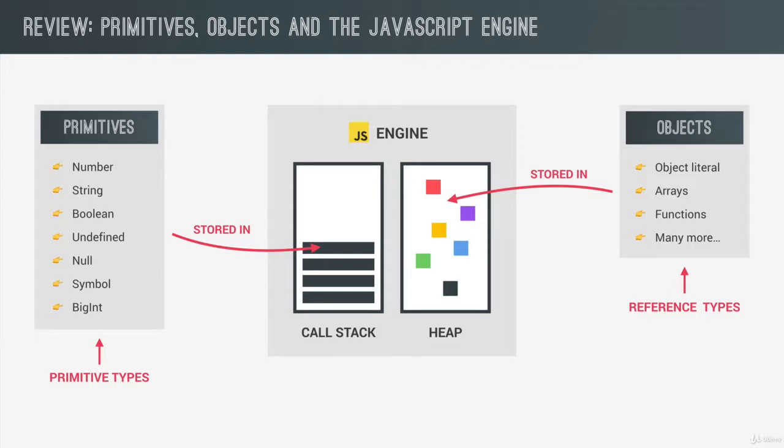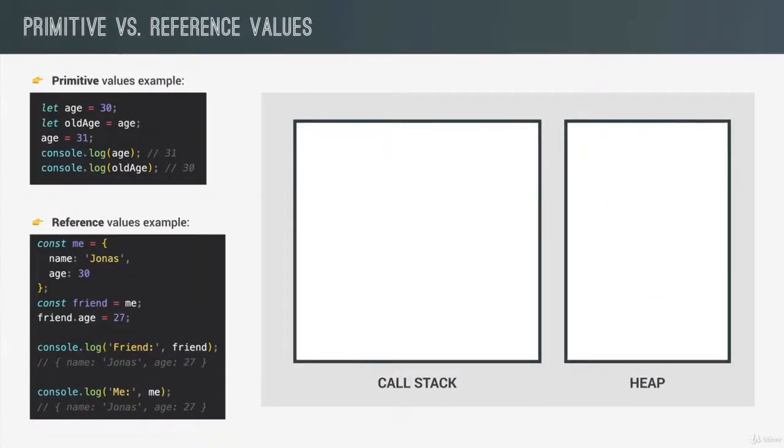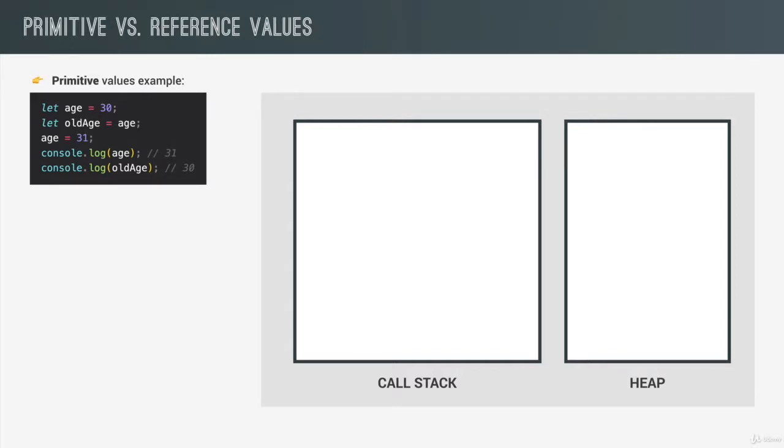Well, let's find out. So here we have the two code examples from earlier, as well as the engine with call stack and heap. And let's start by looking at the primitive values example. So when we declare a variable like age equals 30, what actually happens inside the JavaScript engine and the computer's memory? Well, first, JavaScript will create a so-called unique identifier with the variable name.